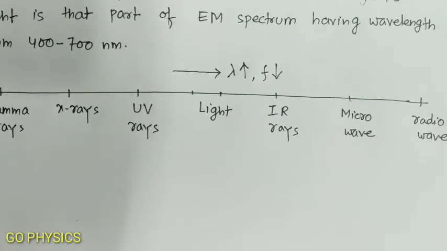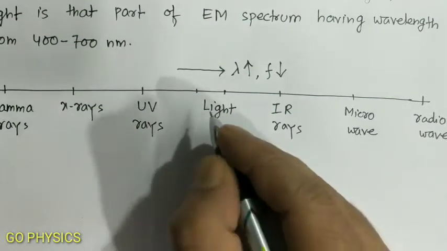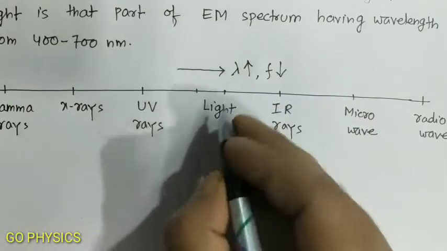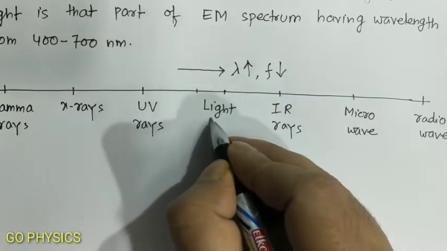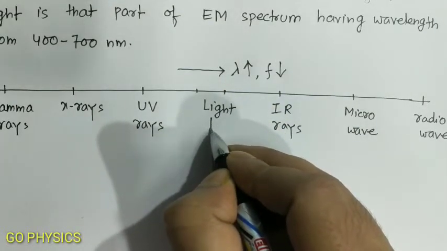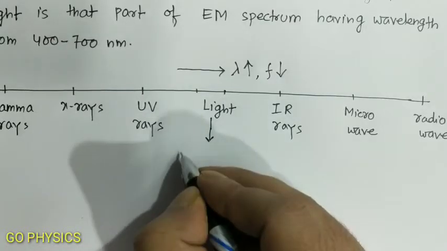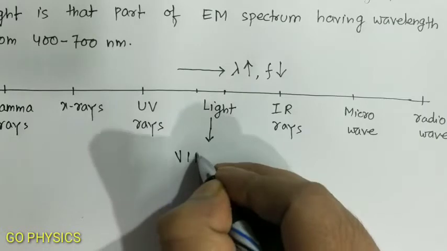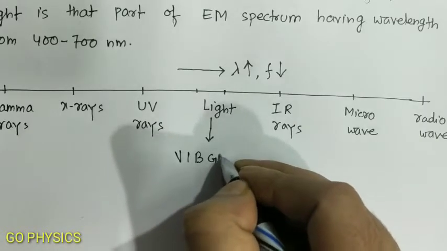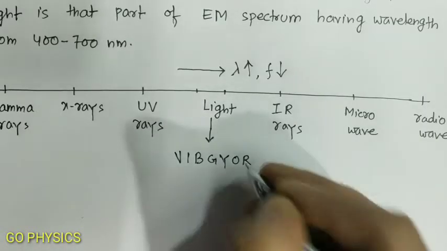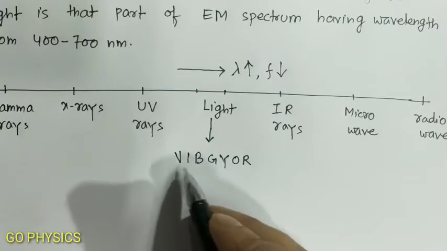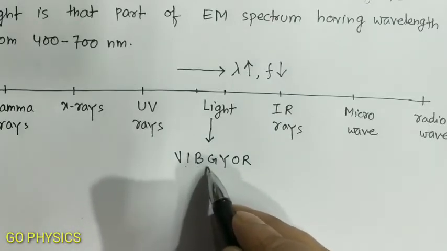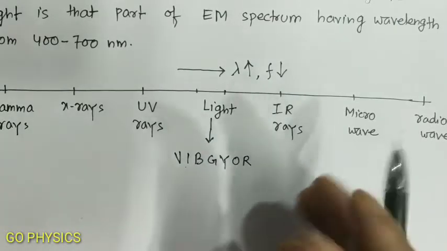And we know that light consists of 7 different colors, we say it VIBGYOR, that is violet, indigo, blue, green, yellow, orange and red.